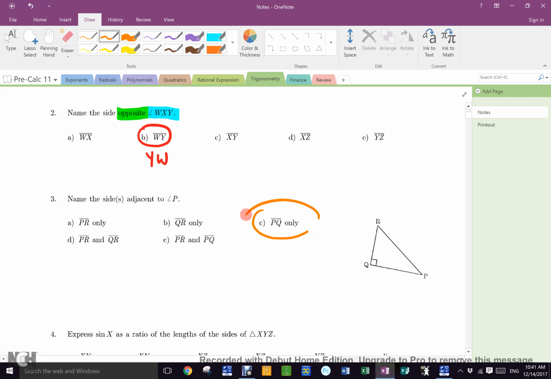Now this is a trick question. Name the side or sides adjacent to angle P. It's a trick. Some people are saying C. Does anybody else have a different one? The answer is E, because adjacent means not opposite. All right? But when you're using it in calculation, then which is the right answer, E or C?